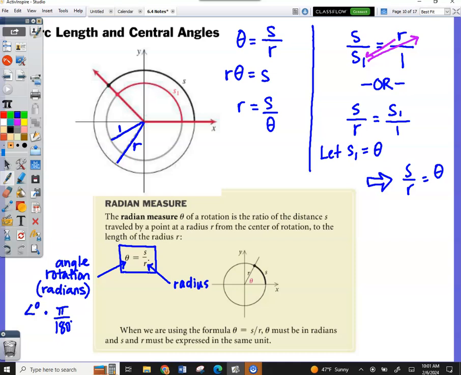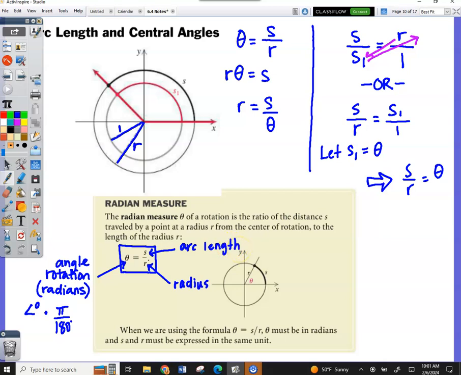Okay, so we've not talked about S. S, draw an arrow, come back up here. S is that black arc formed as the angle opens up, and that would be the cooked spaghetti noodle. So this is the arc length.